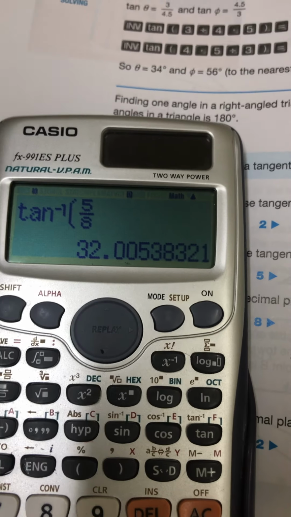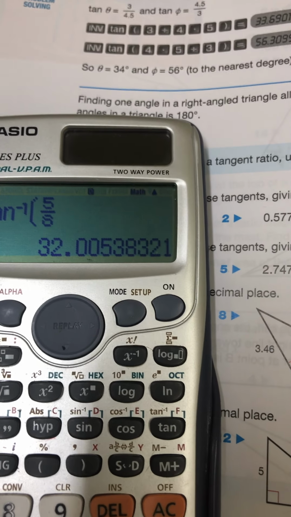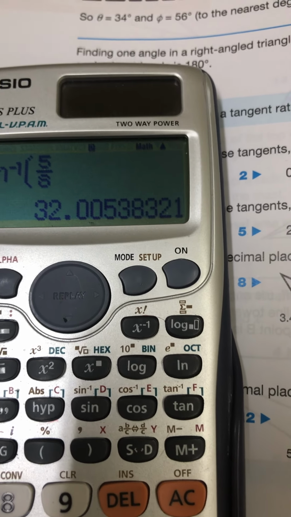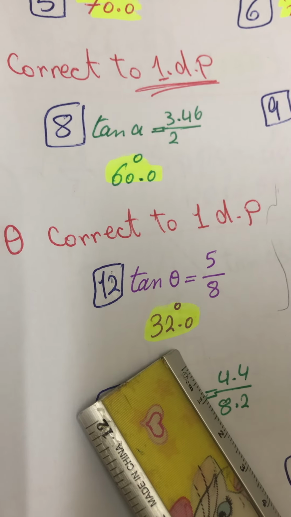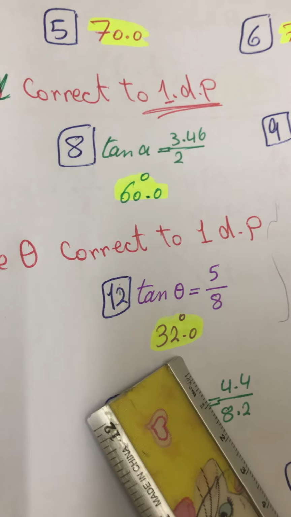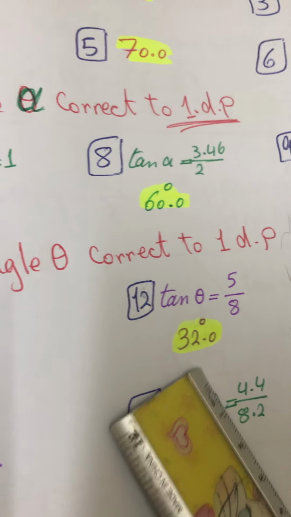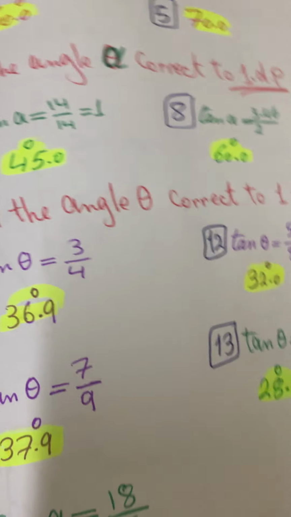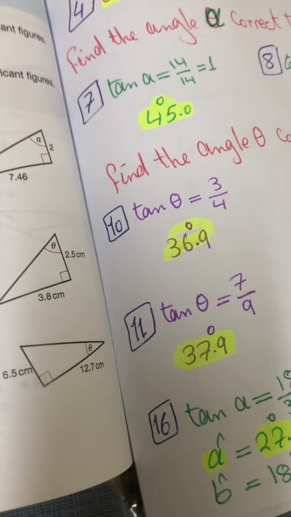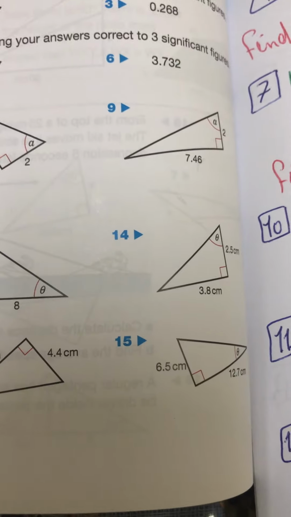Equal, 32.000. So the answer will be 32. I think it's easy. Okay, 13, 14, 15, 16 are homework.